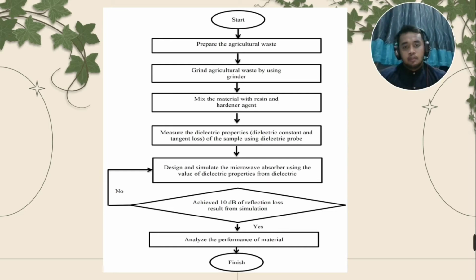If they achieve 10 dB, they will go yes, and finally they will analyze the performance of the material. After that, they have finished the project for EMI shielding material and properties.